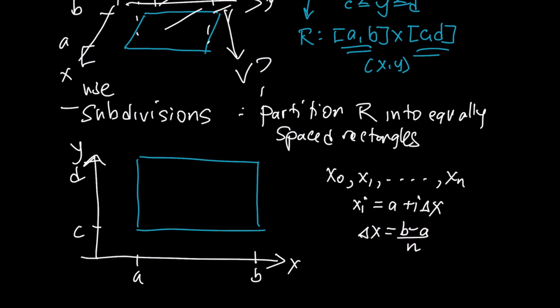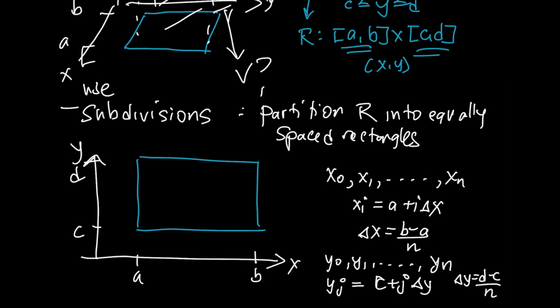And similarly, we're going to make a partition in the y direction. Just for simplicity, we're going to use the same number of points in x as we do in y. However, we are going to use a different index. We'll use the letter i for the index of x, and we'll use the letter j for the index of y. So these are our different grid points. And here is our y1 and our y2.